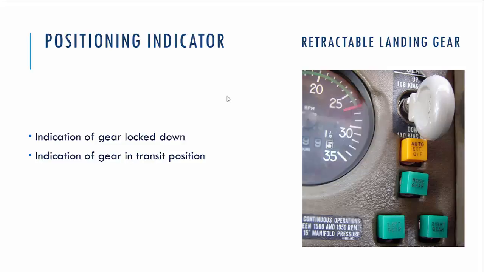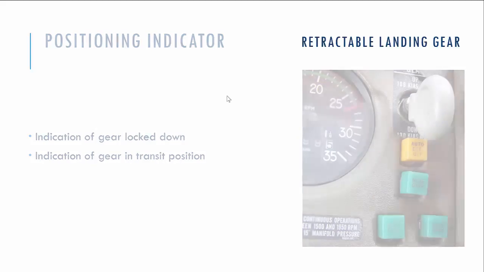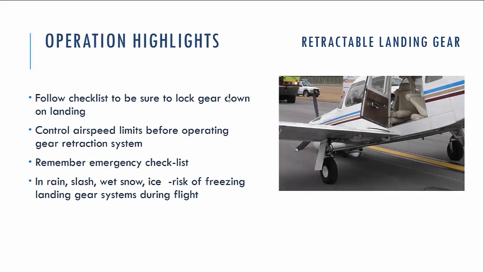Okay, so let's highlight the usage of retractable landing gear. As we said, retractable landing gear brings additional load to the pilot, so additional responsibility. You need to always follow the checklist on complicated airplanes with retractable gears to be sure that gears are locked down on landing.